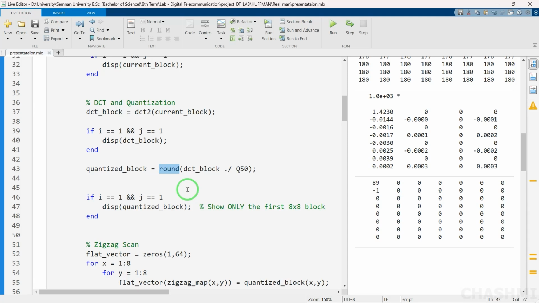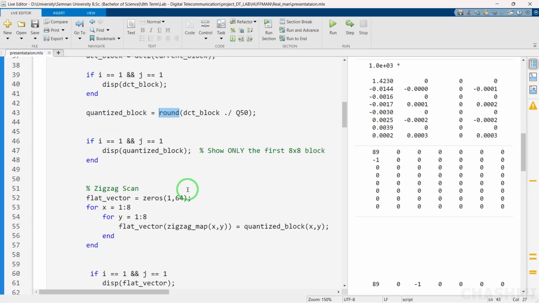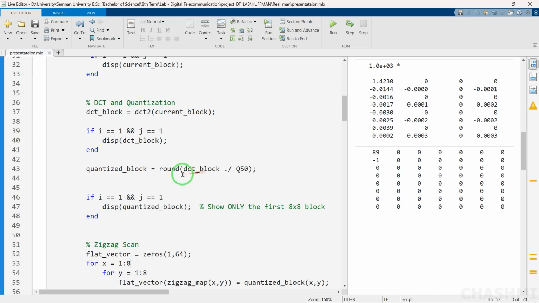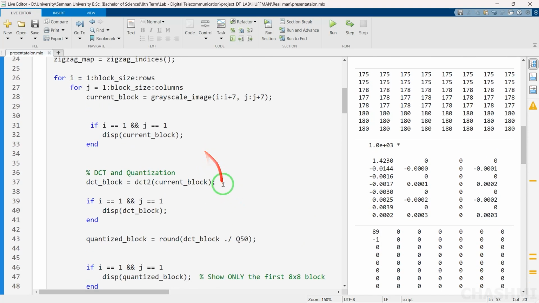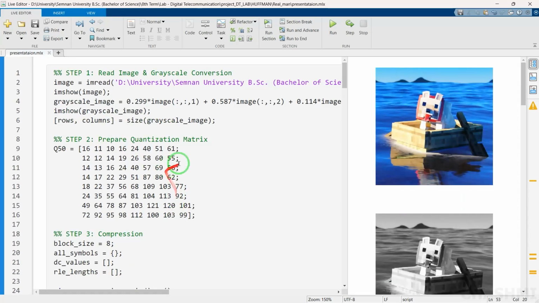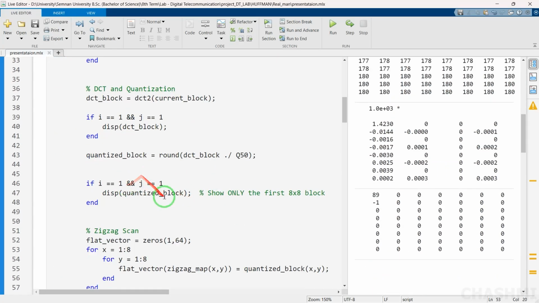That losing some parts is the real deal, the real compression which is happening. All other parts are part of the process of compression, but none of them really do the real compression. That's why quantization is the core of JPEG compression.